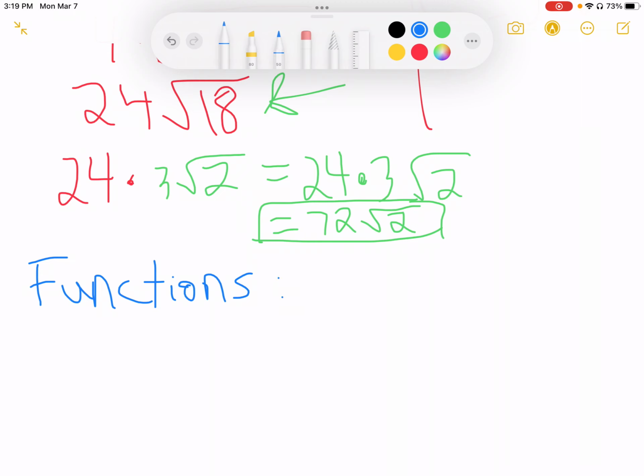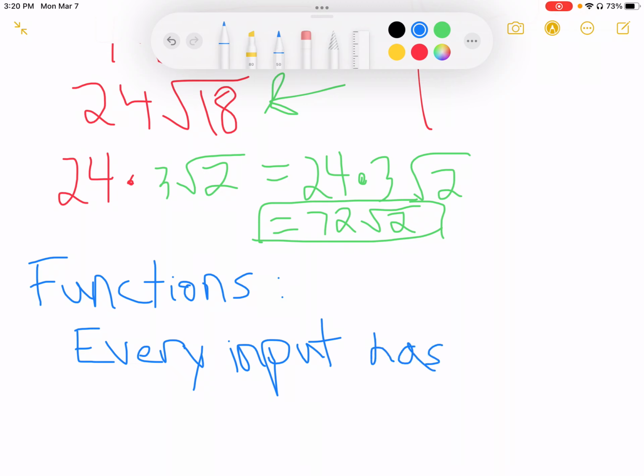If we have a function, then we just say that every input has just one output. Okay, so every input has just one output.